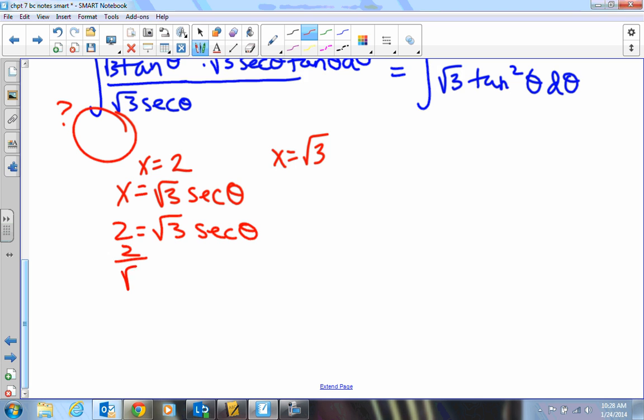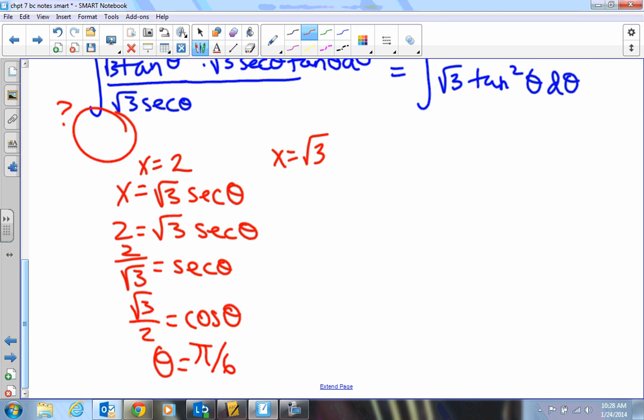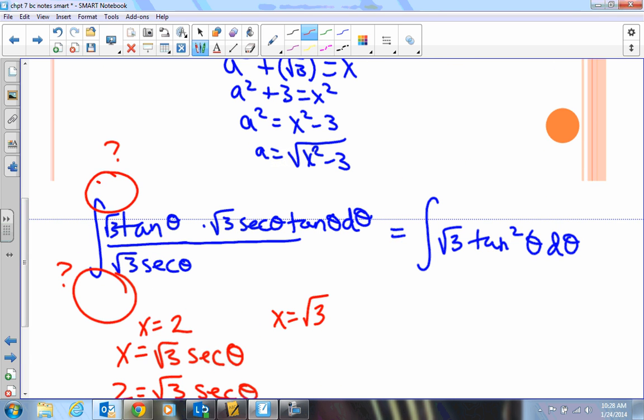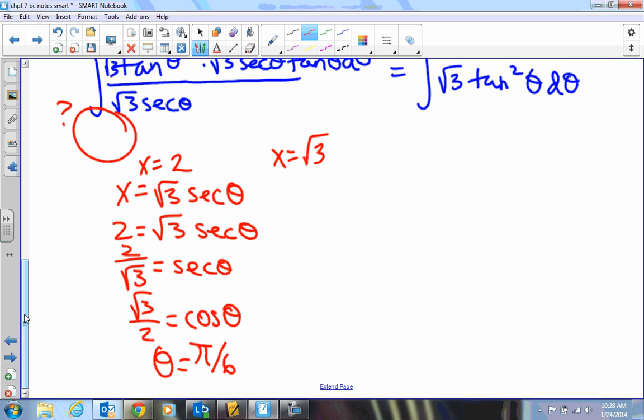So 2 over radical 3 equals secant theta. So radical 3 over 2 equals cosine theta, which tells me theta would be pi over 6. So where I had my 2, that was at the top, I'm going to put pi over 6. So now let's do our radical 3.